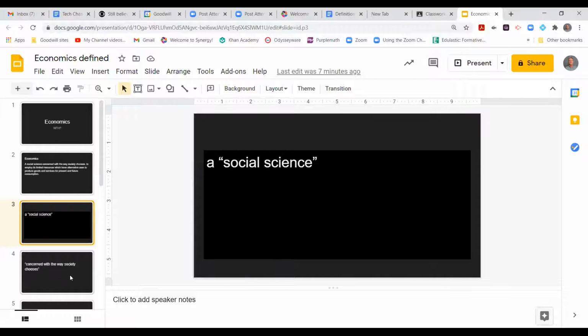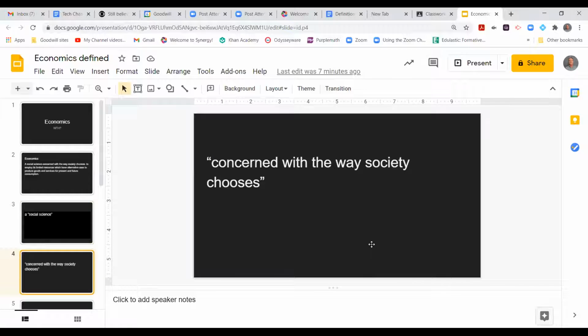So they're trying to be scientific, and they're talking about studying the society that we live in. And those same people are concerned with the way society chooses. Okay, well, how are choices being made in society?